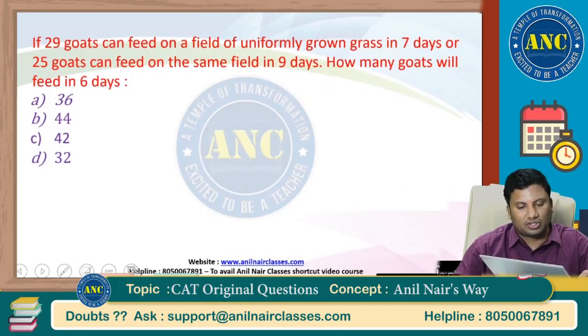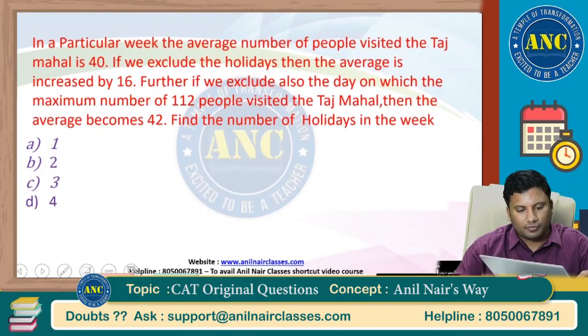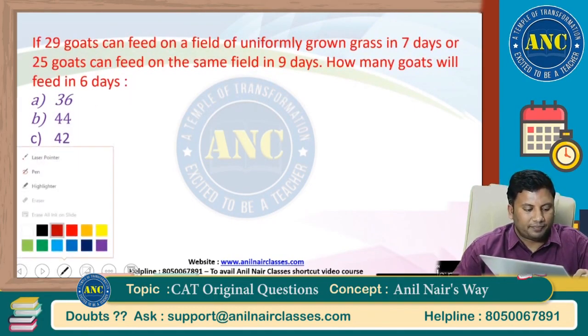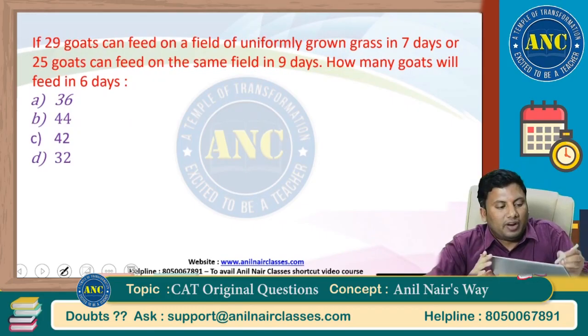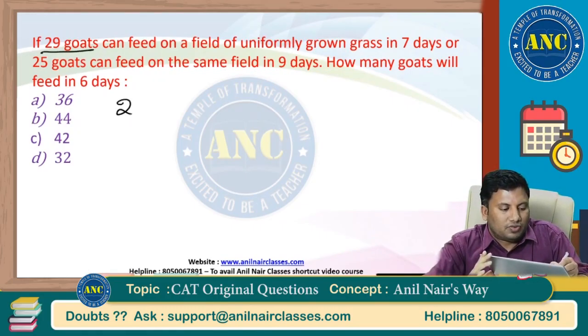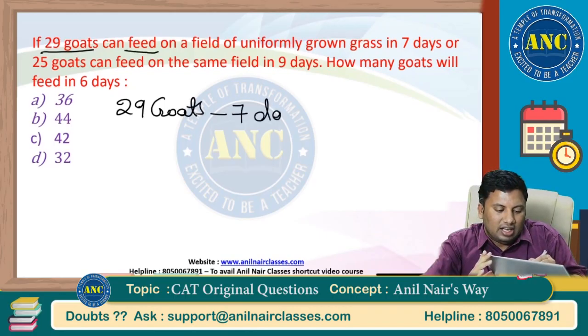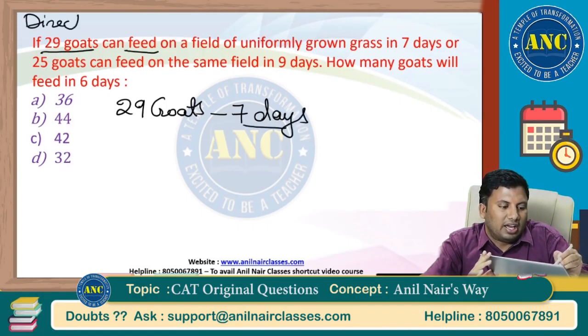These also we solved. Next one. See here. 29 goats can feed on a uniformly grown grass in 7 days. This is a question based on a direct relation.